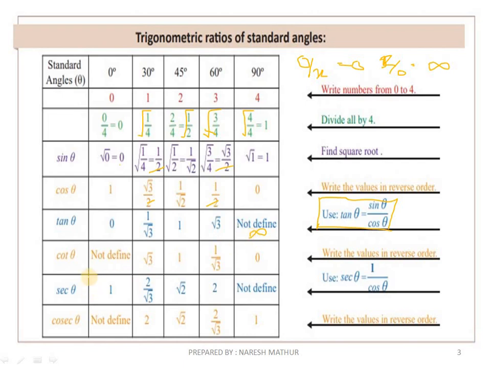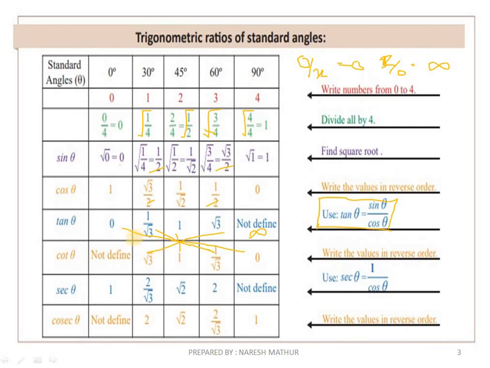Now we can get the value of cot by simply writing the values of tan theta in reverse order: infinite, root 3, 1, 1 by root 3 and 0. Now it's an interesting thing: if you find the reciprocal of tan theta, you'll get the same values, because tan theta and cot theta are reciprocal to each other.